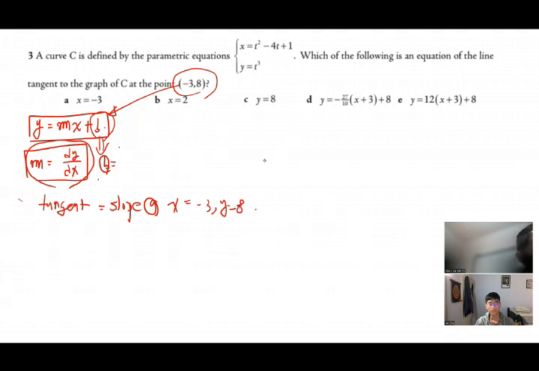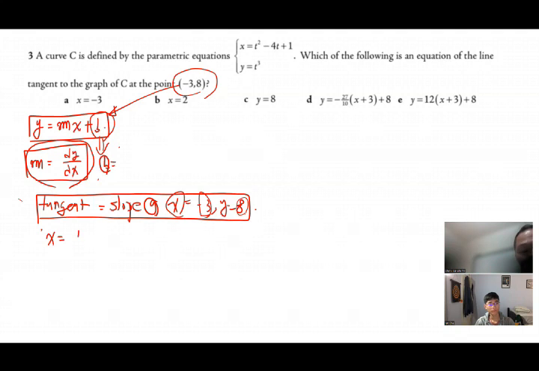First, you have to find what t value corresponds to the x value and the y value. We have to find the t value corresponding to minus 3 for x, or 8 for y.